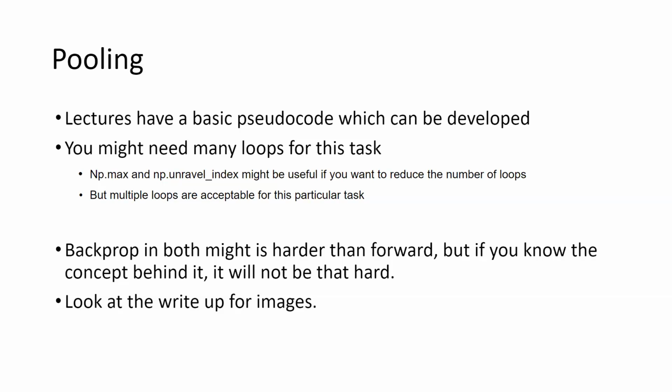The reason you are tracking the index of the max value is because it would help when you are doing backpropagation. For more details, probably just go through the handout and the write-up. But since we need to keep track of the index for max pooling, there's a necessity to use for loops.